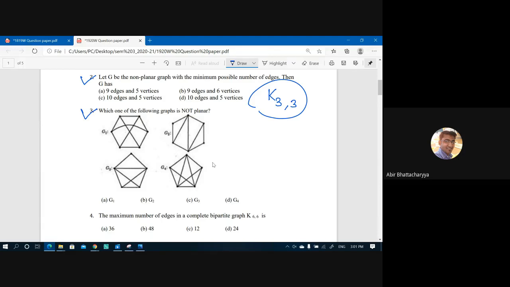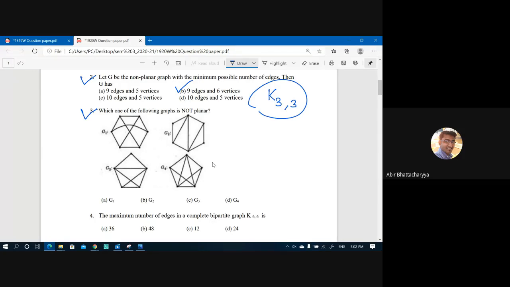How many edges will be there in K33? 9 edges, with 6 vertices. So K33 is going to be the answer, and B is the correct answer. Okay. Next, number three.